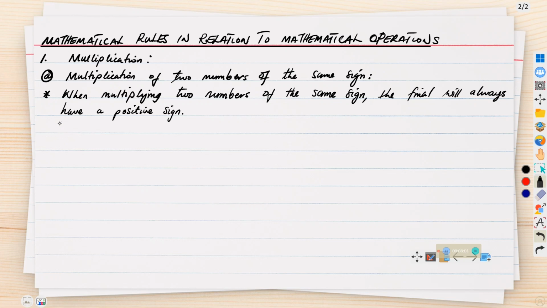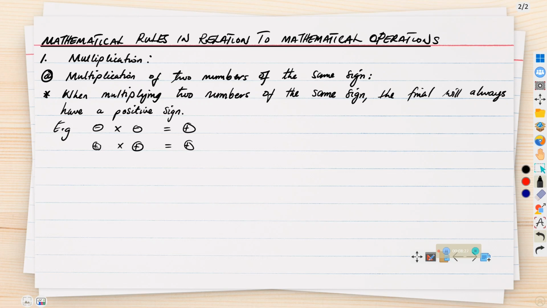What we mean, for example, is this. You have a number which is negative. You are multiplying it with another number which is negative. The final answer will be positive. Also if you have a number which is positive, you are multiplying it with another number which is positive, the final answer will still be positive.